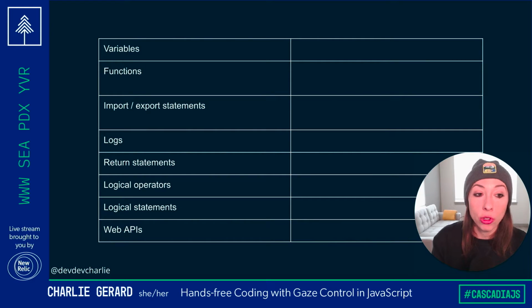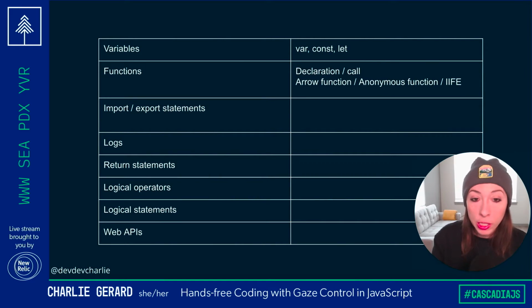There's a certain structure. And even after defining these elements, if you go a level deeper, there's also specific constraints. So for variables, you declare them with var, const, or let. Again, we're staying in JavaScript land. For functions, you have function declaration, function call.